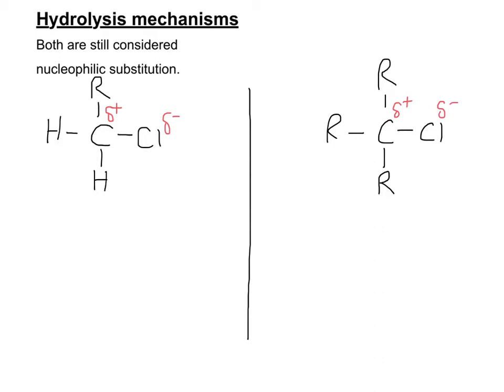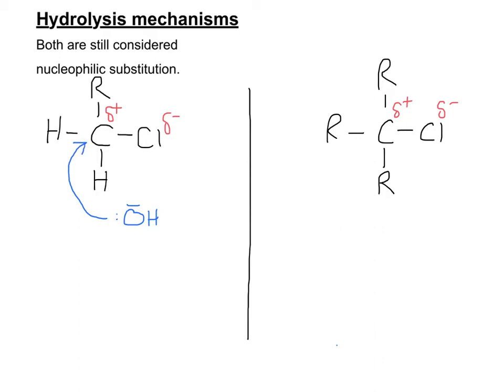So on the left hand side, what happens is just like before, we have our incoming OH minus. It moves to the other side of the carbon for the reasons that were explained in the video.